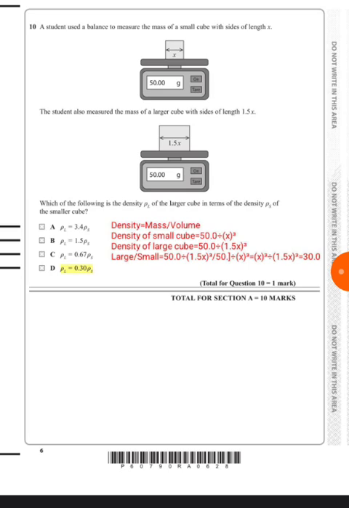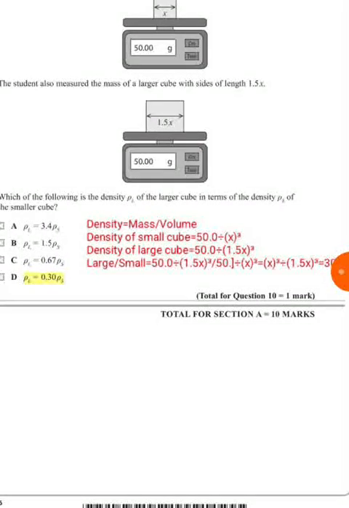Question number 10. A student uses a balance to measure the mass of a small cube with sides of length x. The student also measured the mass of a large cube with sides of length 1.5x. Which of the following is the density ρL of the larger cube in terms of the density ρS of the smaller cube? The equation for density is mass over volume.